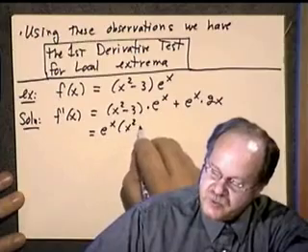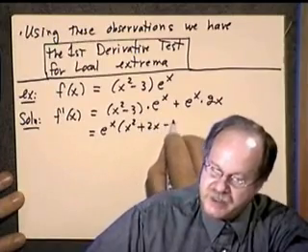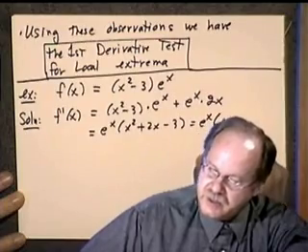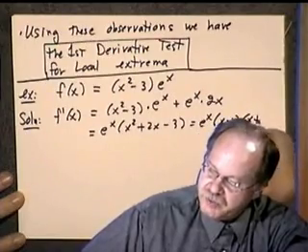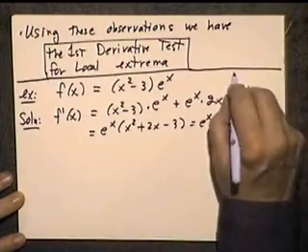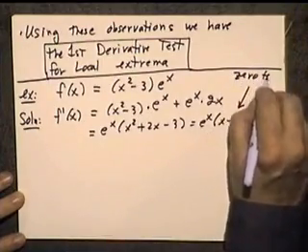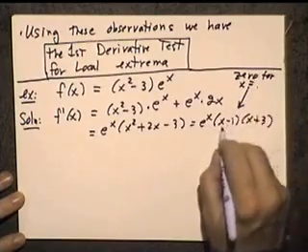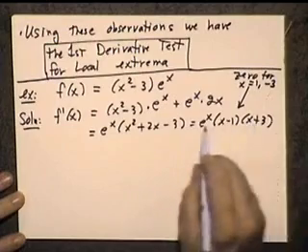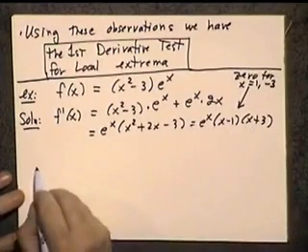We're left with x^2 + 2x - 3, which factors into e^x times (x - 1)(x + 3). And it's easy to see that this is 0 for x equal to 1 here and -3 here. So those are the numbers that will make the first derivative 0.